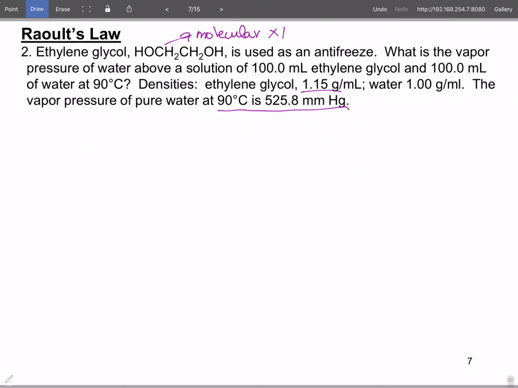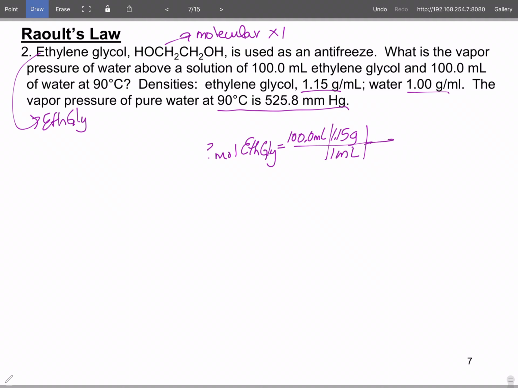For the moles of ethylene glycol, we're going to start with the amount given, which is 100 milliliters, and use our density, which is 1.15 grams per 1 milliliter.